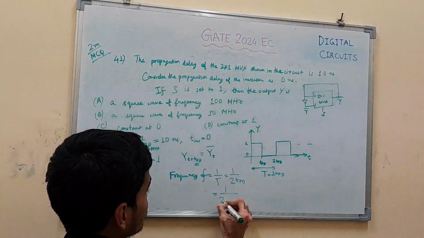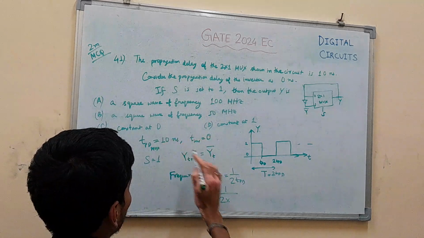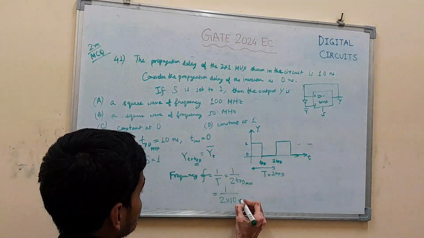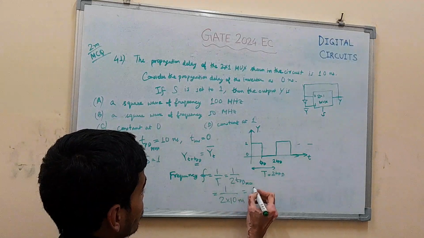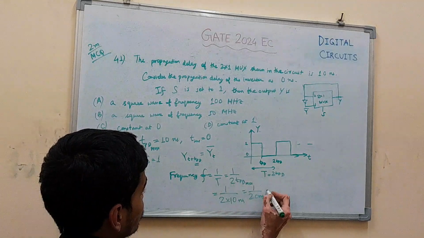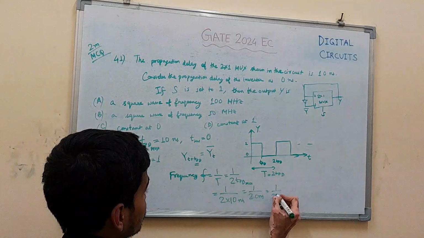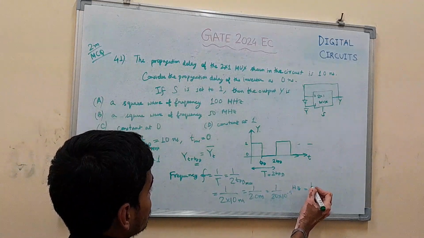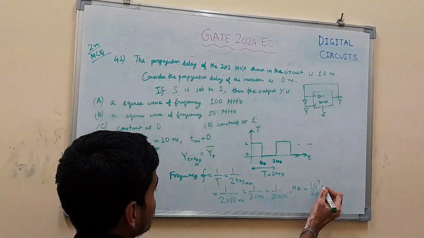The propagation delay of the mux is given as 10 nanoseconds, so 1 by 2 into 10 nanoseconds is 1 by 20 nanoseconds. That is 1 by 20 times 10 to the power 9 Hertz.